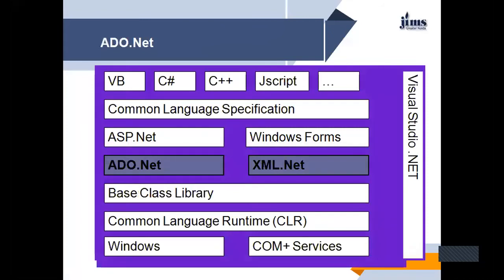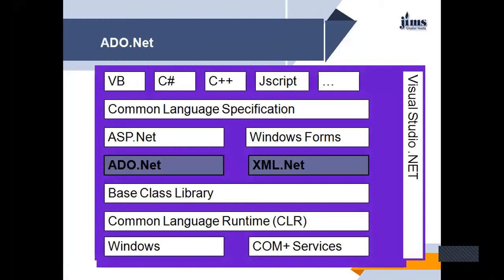Where does ADO.NET sit in this architecture? As we know the architecture of the .NET framework, in the first layer we have the languages like VB, C Sharp, C++, JScript. After that, the CLS will be there. After that, ASP.NET or the Windows Form will be there.